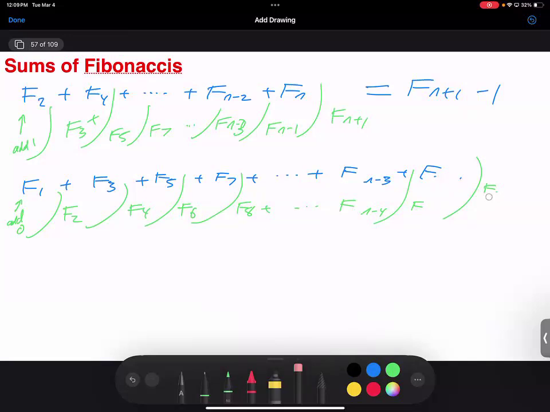Let me just fix all the indices. I'll assume n now is odd in the bottom one, and we'll figure things out later. This would be n minus 2, this would be n minus 3, this would be Fn minus 1, and then this would just be Fn. So in the top, n is an even number, and in the bottom, n is an odd number.